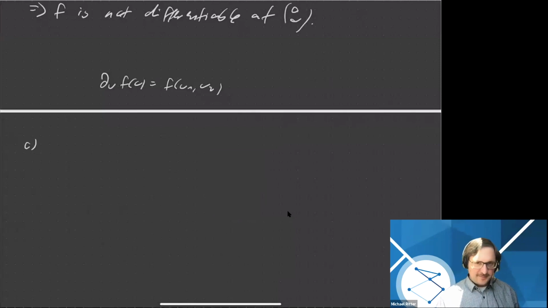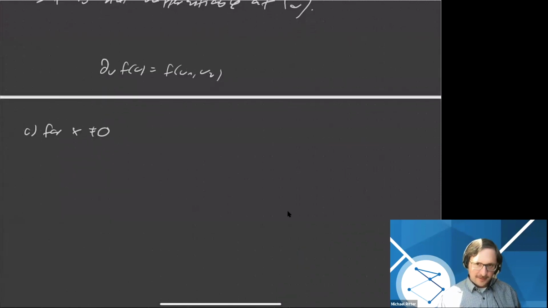So part C. For x that is not equal to the origin, we can easily compute that by just taking that derivative here. So what we need to do is compute df/dx2 at that point x. You all know the expression of f.